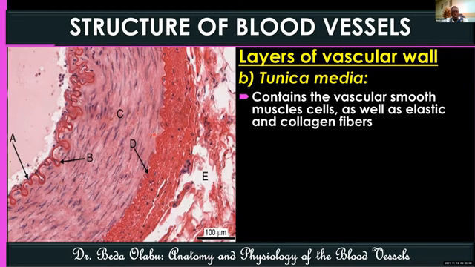This image captures that. This is the tunica media, which contains vascular smooth muscle. That's how smooth muscle looks. It also contains collagen fibers and elastic fibers within this region.